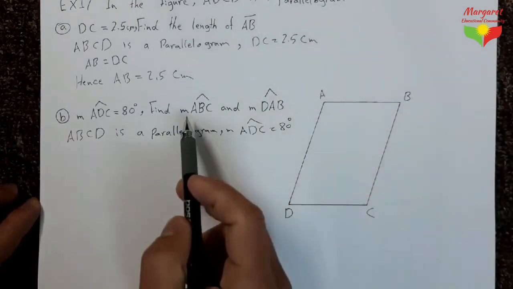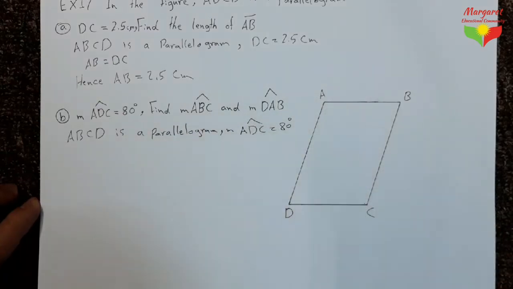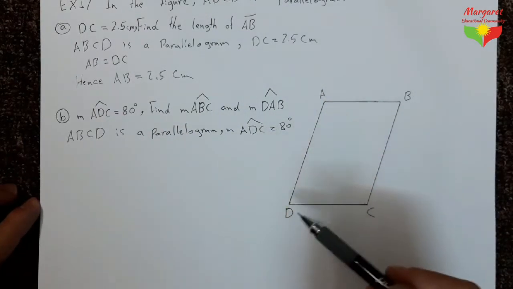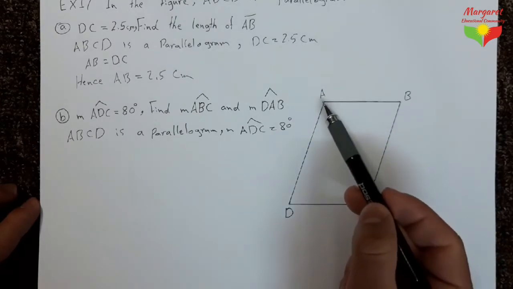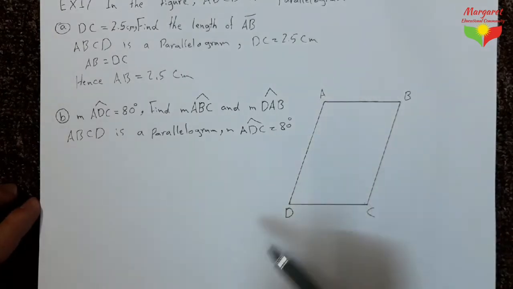To find measure of angle ABC, in this figure, angle ADC and angle ABC are opposite angles.